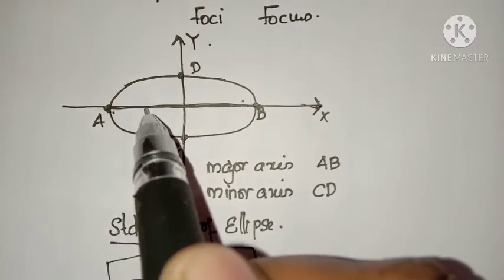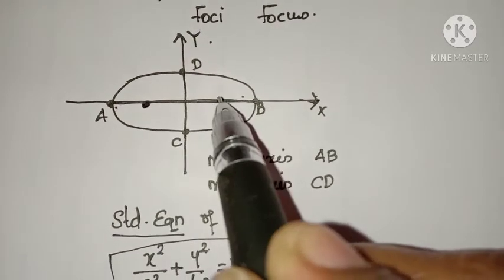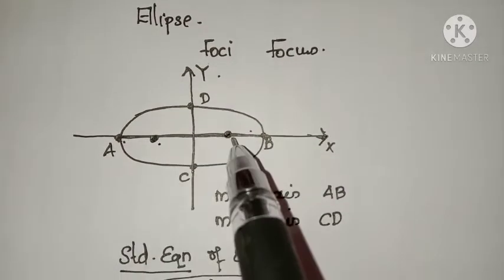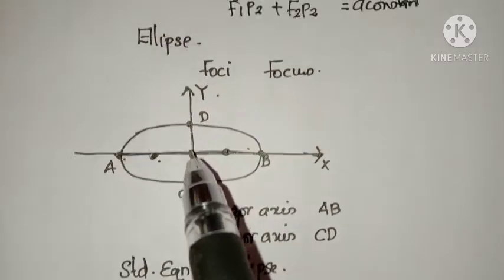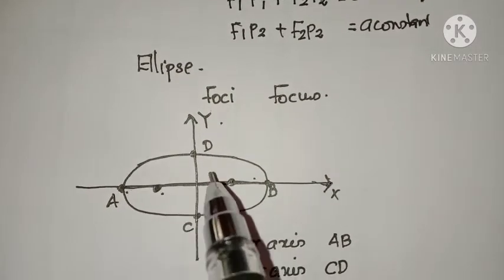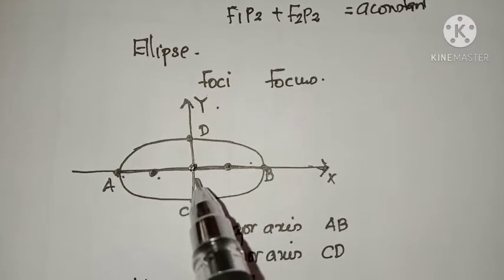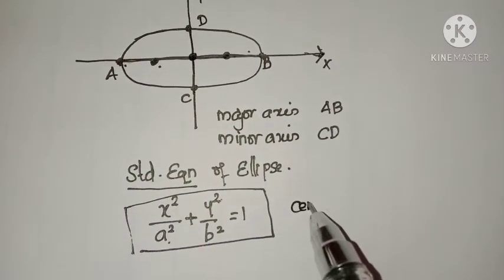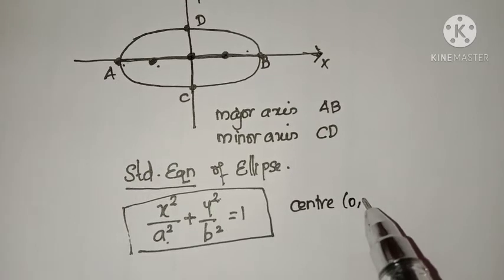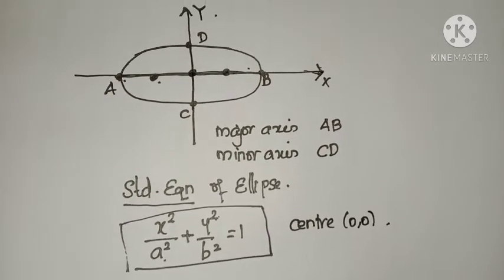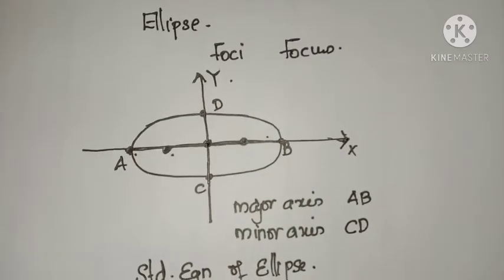And listen, for an ellipse there are two foci, F1 and F2, and this point is called the center, and the center is always the origin.